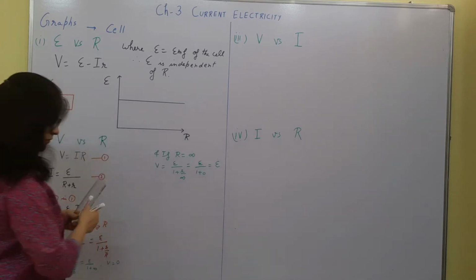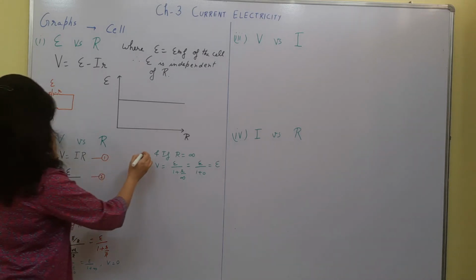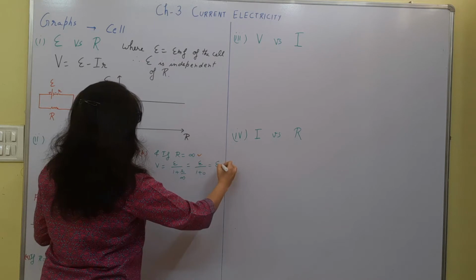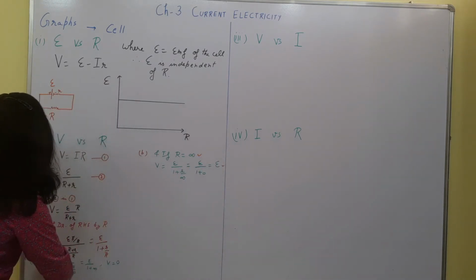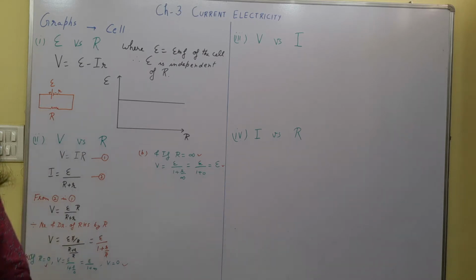This is E. I can mark this as A and this as B. For R equal to infinity, V is equal to E, and for R equal to 0, V is equal to 0.